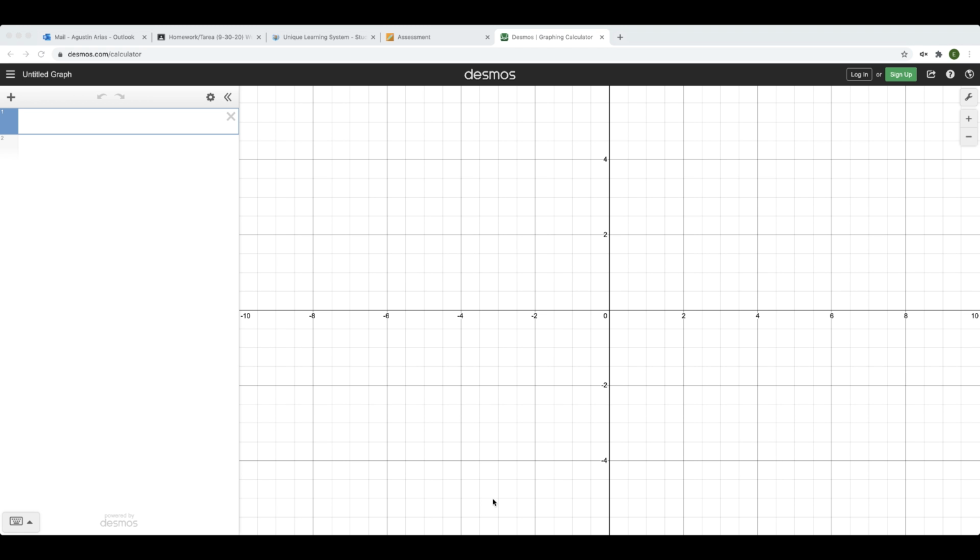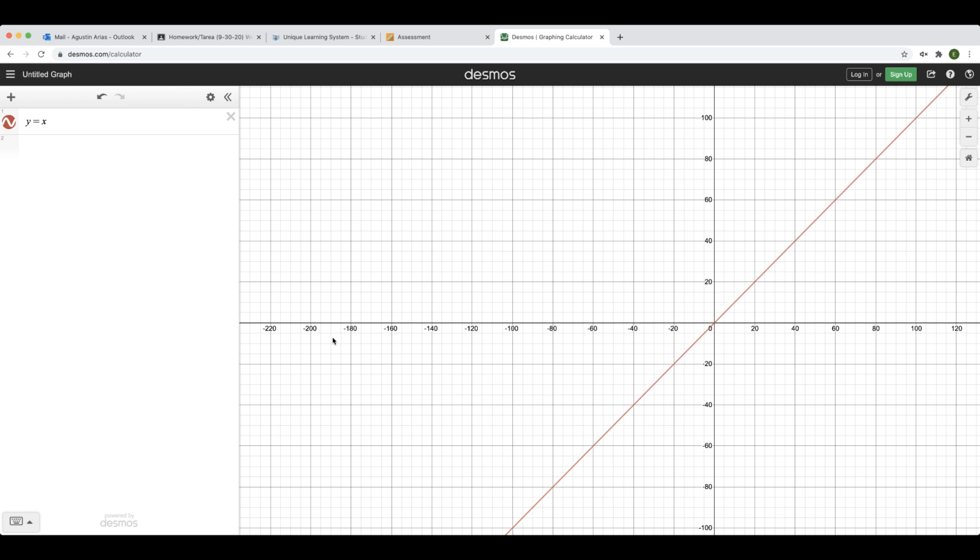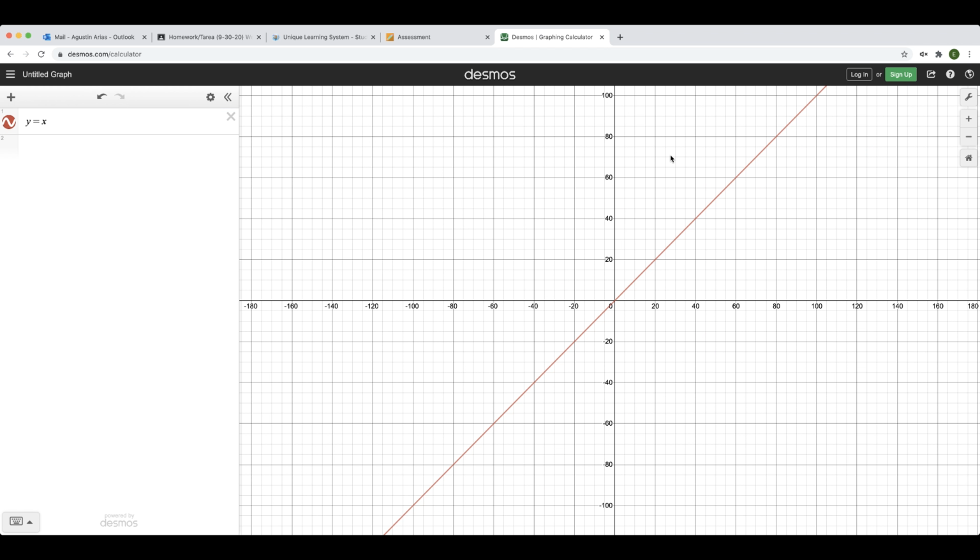Desmos is a very useful calculator. On here, you can write y equals x, and for anything that's linear, the domain is from negative infinity to positive infinity. This goes left and right forever, and same thing for the range, negative infinity to positive infinity.